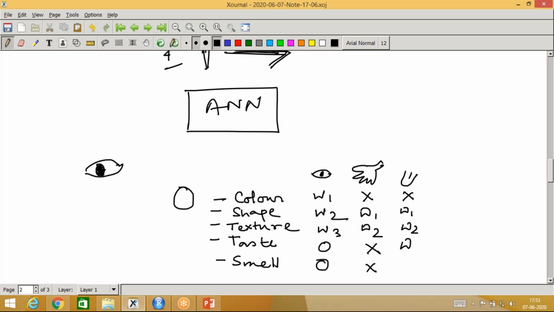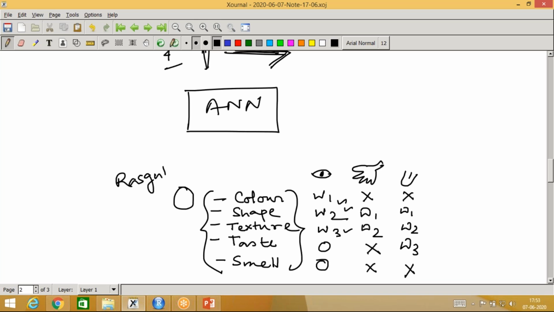I have a pretty good idea about the taste, and no smell. So all I'm trying to say is that depending on which organ, which neuron, these 5 characteristics will get different weightages. Some of them are zero weightage, some of them are some weightage, and those weightages are different, when you put a rasgulla on your tongue, in front of your eye, or on your hand.